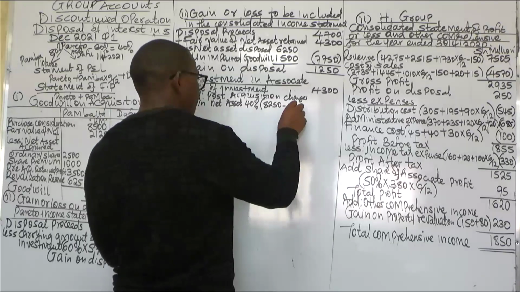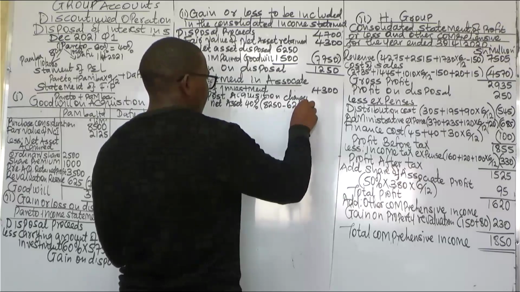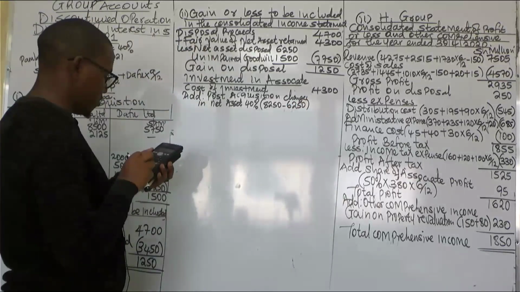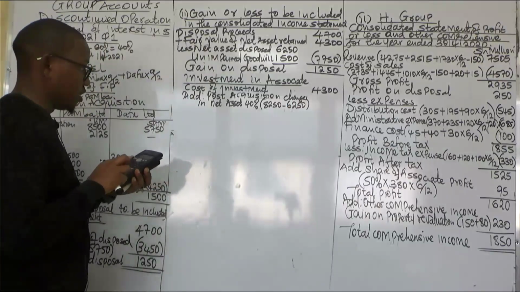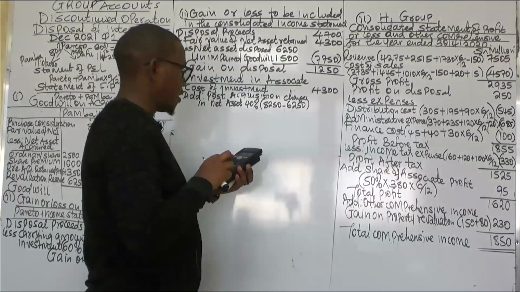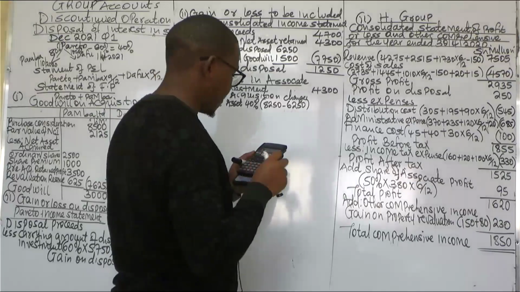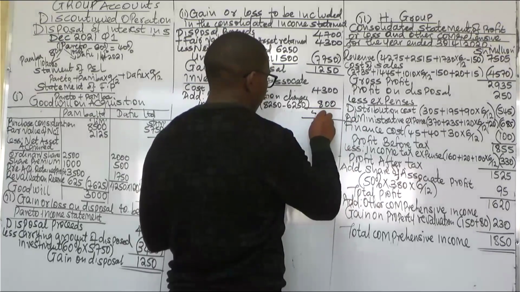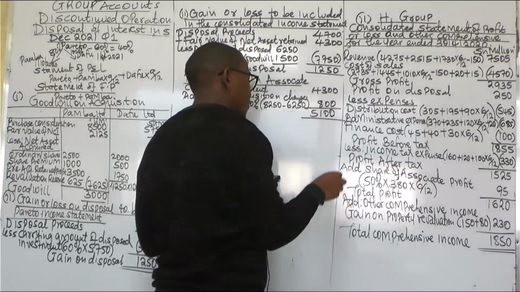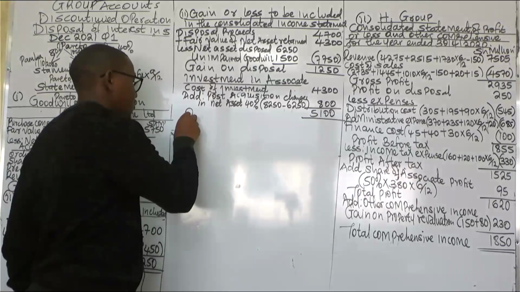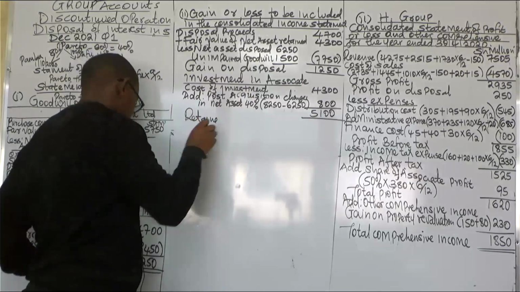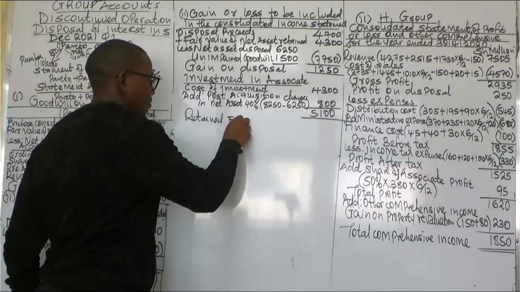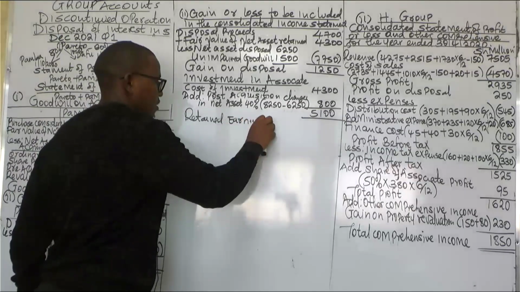As at the time of disposal it was 62.50. So it will be 8,250 minus 6,250, and I multiply by 0.4. So this will be 800, meaning that this will be 5,100. We'll also need to do for the retained earnings.